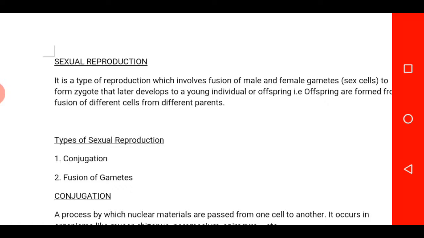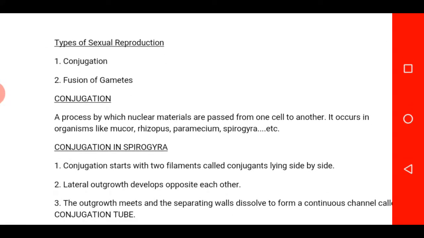Now, we have two types of sexual reproduction. We have conjugation and we have fusion of gametes. What do you mean by conjugation? It is a process by which nuclear materials are passed from one cell to another.